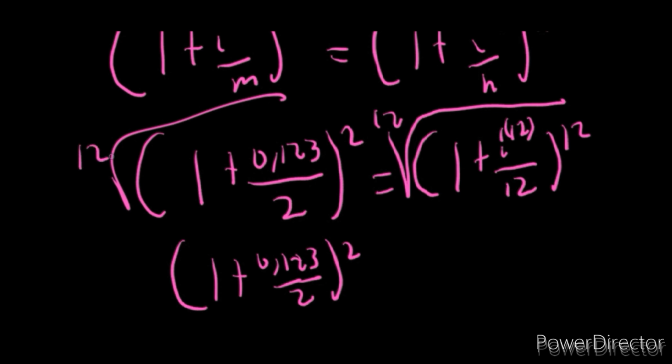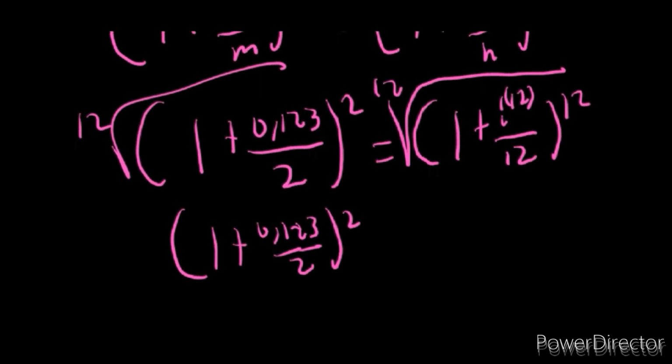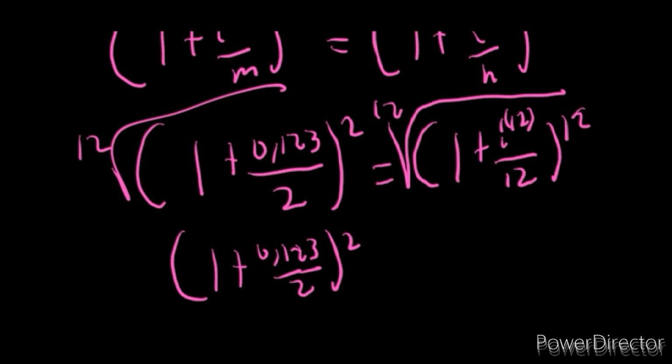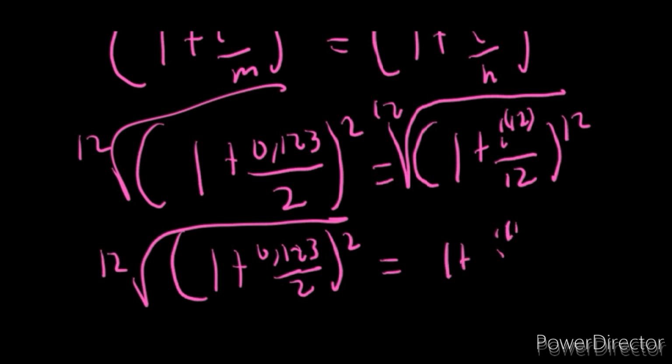Just like if you had x squared equals 25, you would get rid of the square by square rooting. So if you have to the power of 12, you get rid of it by using the opposite root. So it's gonna now be the 12th root here. Then this is gonna be 1 plus I12 over 12.